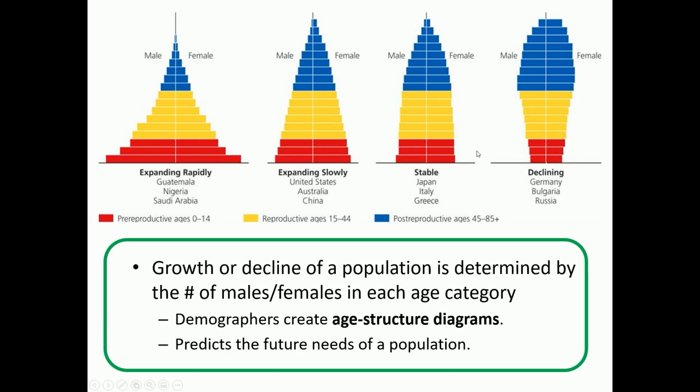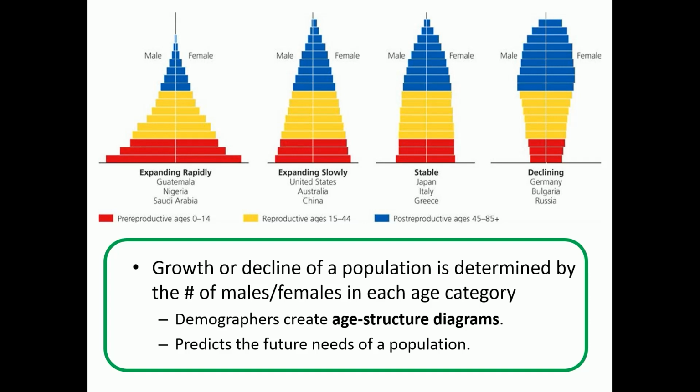Then way over here on the right, you have a declining population. That is to say that the population is decreasing over time. For the population to decrease over time, that means that you need to have a relatively low birth rate. So there's going to be a smaller number of offspring than there are individuals in their reproductive years.